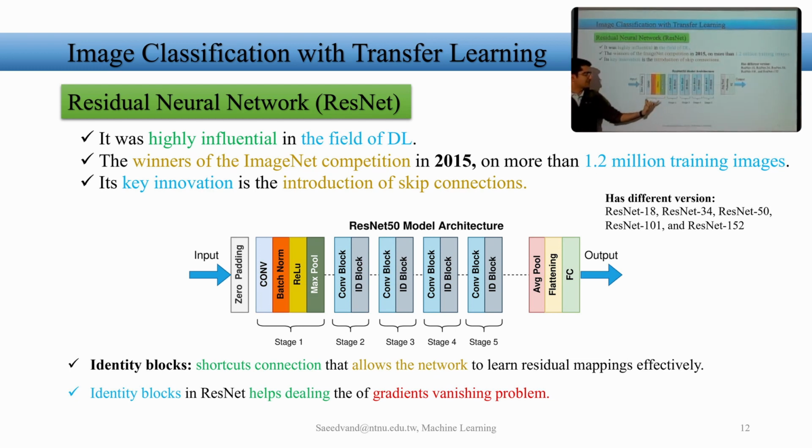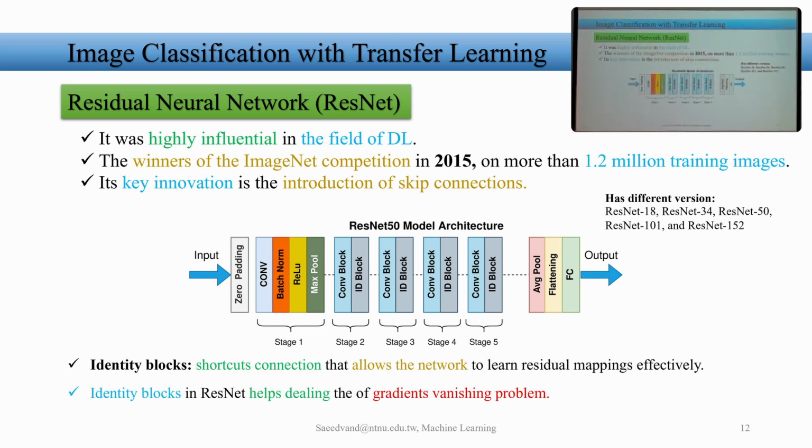Then after this stage 1, there is stage 2. We have a convolutional block, one convolution layer, pretty similar to what we have, just with some differences. The only part we don't know, and this is the innovation of this network, is the ID block.